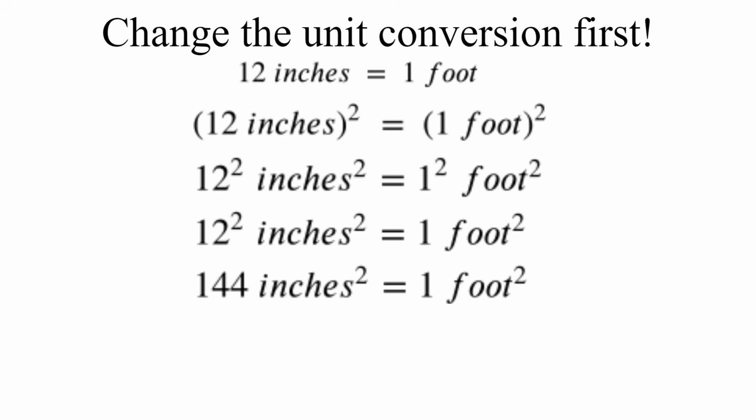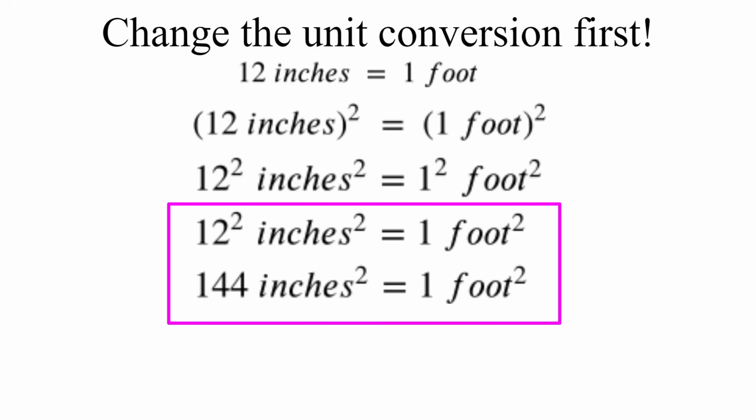12 squared inches squared, 1 squared is just 1, so you can call that 1 foot squared. And if you want, you can change the 12 squared to 144 if that's easier for you. So really either of those at the bottom are fine to use. I personally like to use the 144, but when they give me a problem with a decimal, I'll usually just write something like 0.7 squared into my calculator because that's easier.